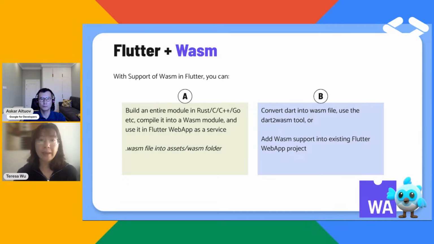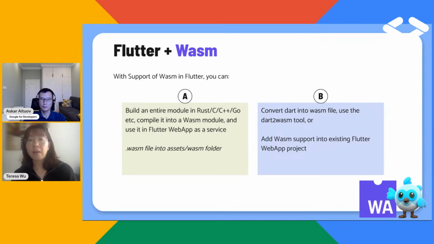So option A is you can build an entire module in another language and compile it into a WASM module. And you can use this module in your Flutter application as a service, similar to what you do for the web. So if you treat your Flutter application as a web application, you can use any of those languages, compile them into a module, and add it into Flutter as a service.